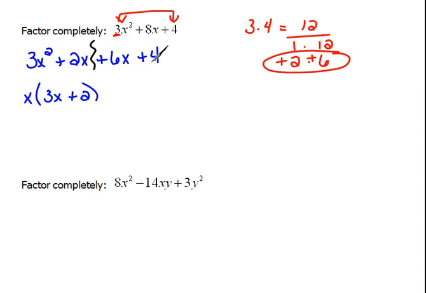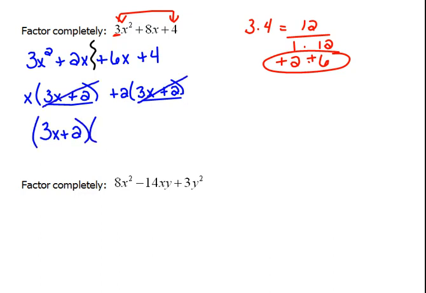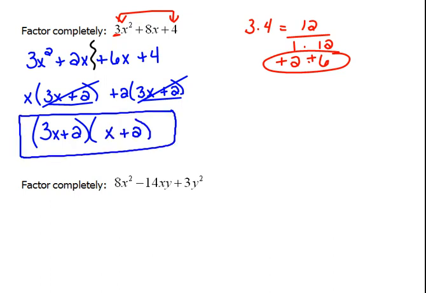In the second two terms, we have a positive 2 in common, so 2 times 3x would give us 6x, and 2 times a positive 2 would give us 4, which is exactly what we needed. We need those to be the exact same. So now when we factor out the common 3x plus 2, we're left with the other factor of x plus 2. So this is how that factors.